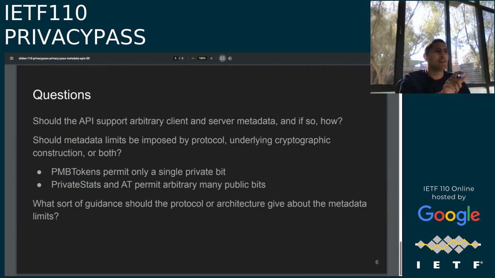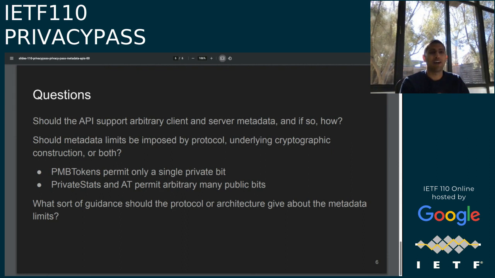I'm wondering whether some of this metadata should be folded into some of the discussion we were having about anonymity set size and things like that as well. It also seems like a really hard problem to define, hey, this metadata size is okay, this metadata size is not okay, without taking the application into account.